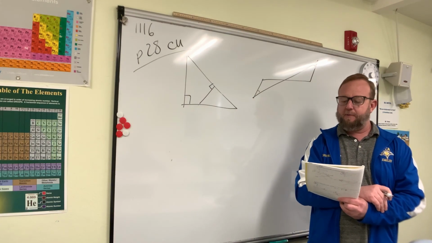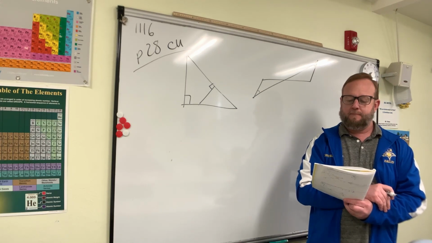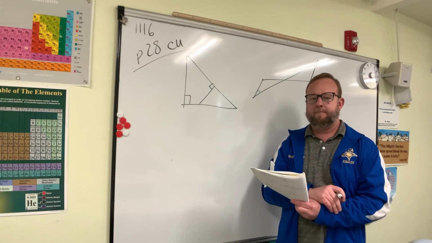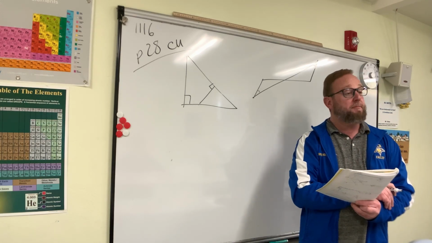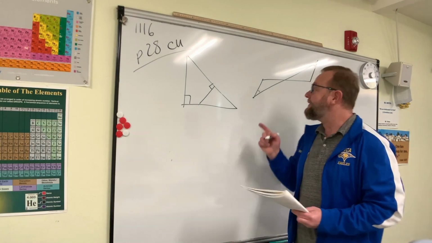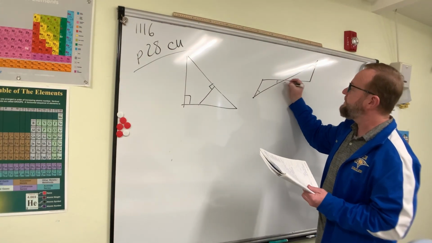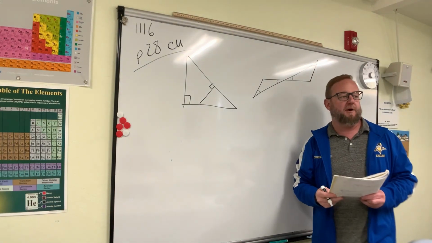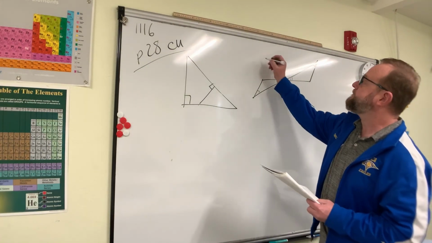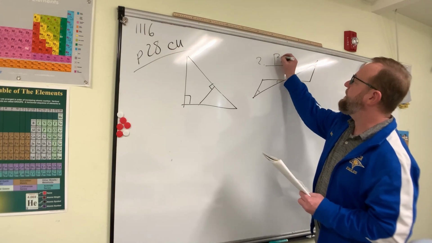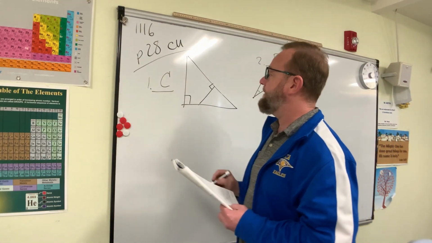You've already eliminated right triangle, so you have A, B, and D to pick from. D. I would go with B, because you're already given these angles, and you would know that these are congruent as well, because of vertical angles. So number 2 there, 2 is B. This was number 1, where we put C.